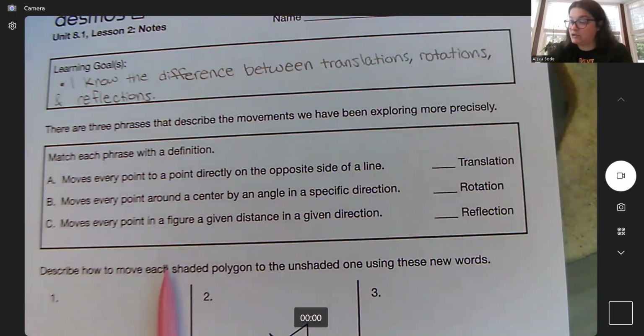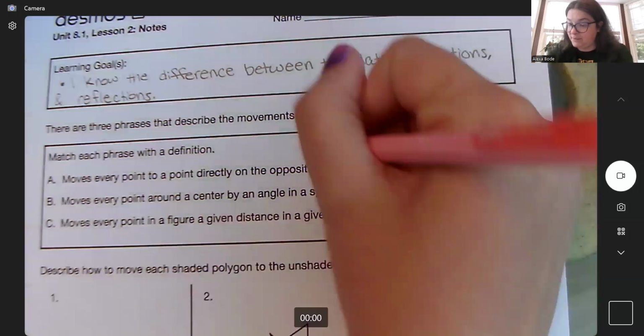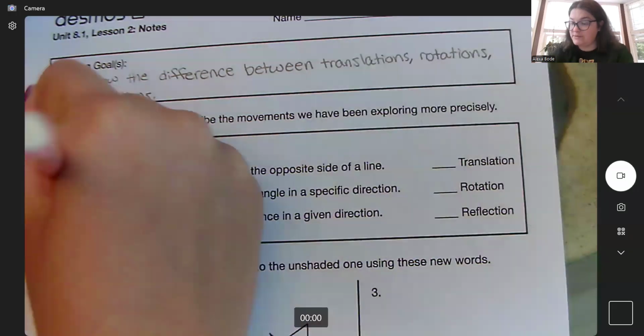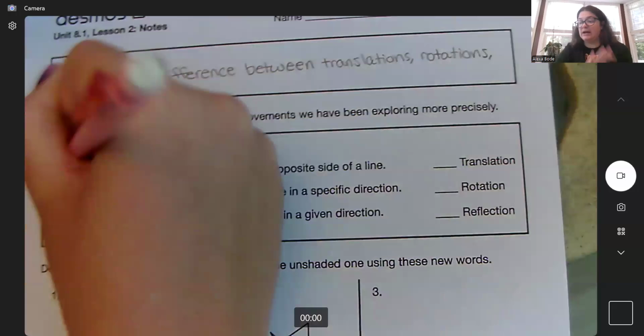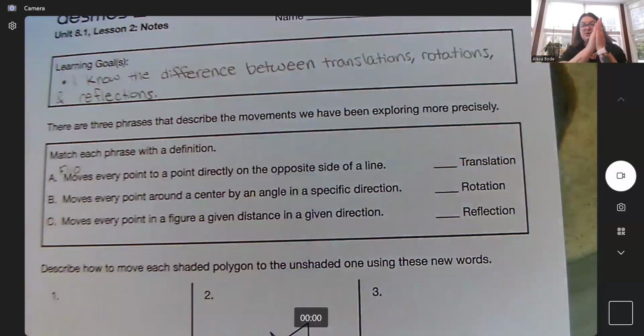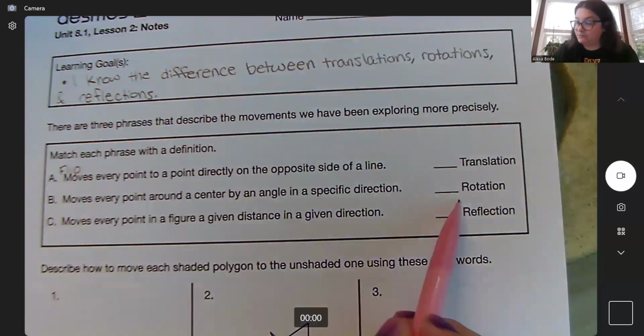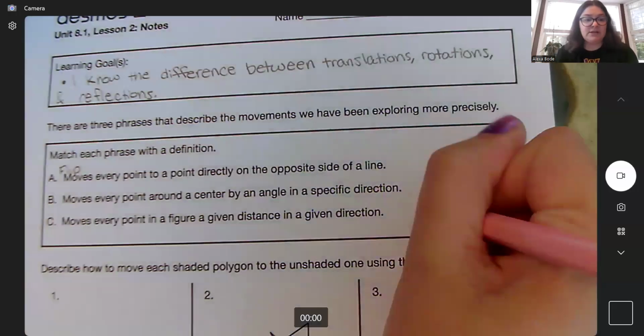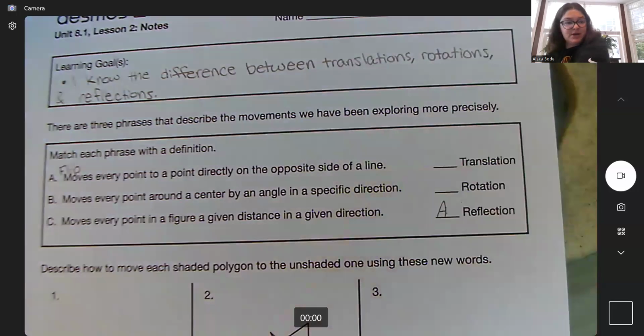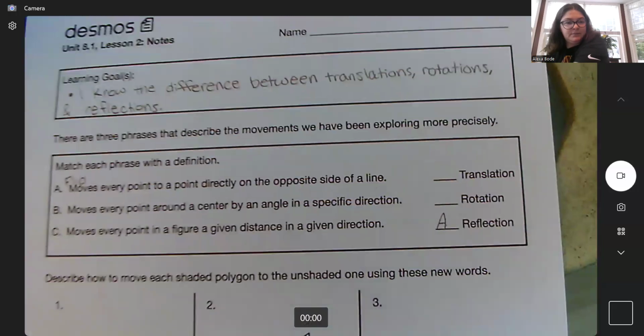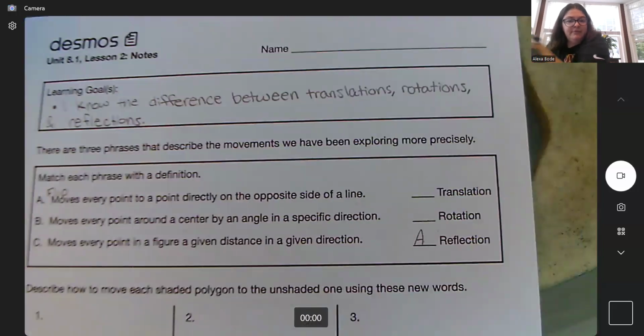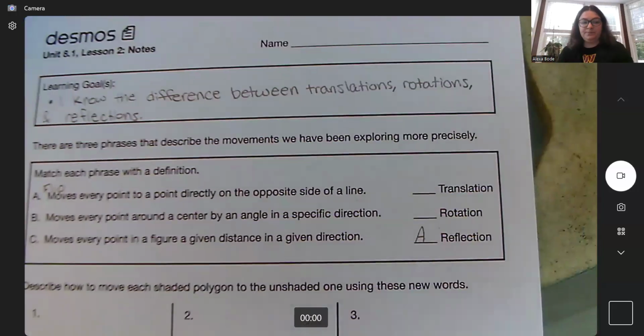So a flip is the same as a reflection. A flip is a reflection.